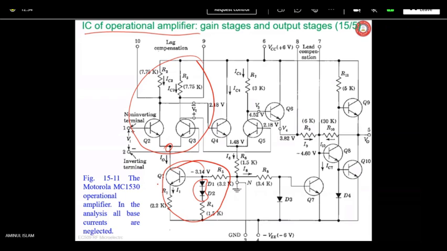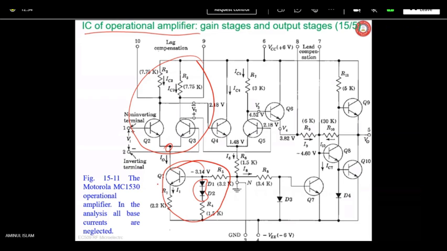This equation AD equals to differential gain equals to VO output voltage divided by VS, which comes to be half into HFE RC by RE plus HI. Okay, let us go back to the slide which we are discussing.